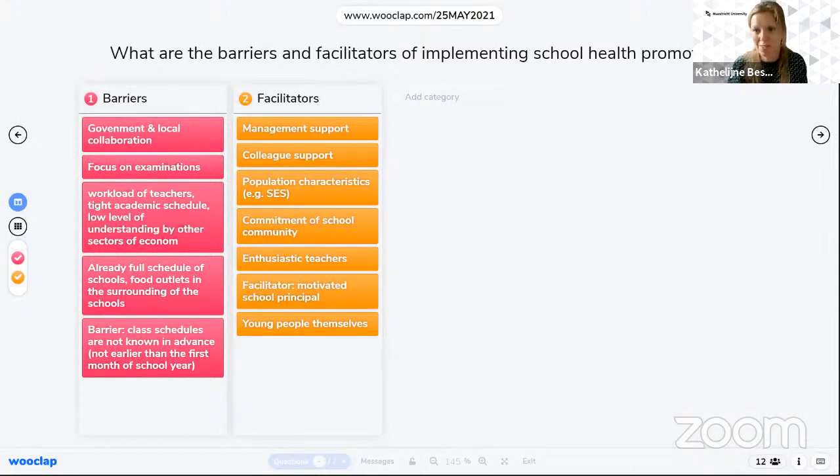So I think the most important thing is to make a link between the two. And I think there are some nice examples of how you can do that, but it will always be challenging. And of course, the enthusiastic teachers and the commitment are also very important. Management support, yeah. And of course, the time-related schedule, workload, I think we all know that's also a very common barrier.